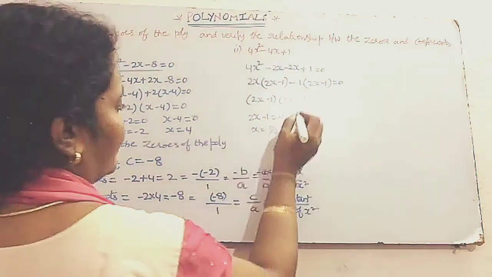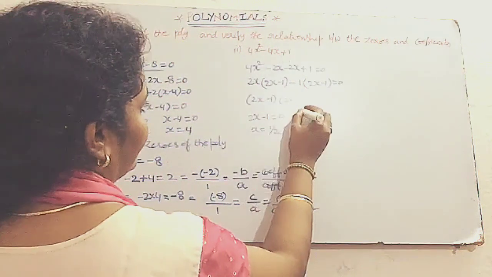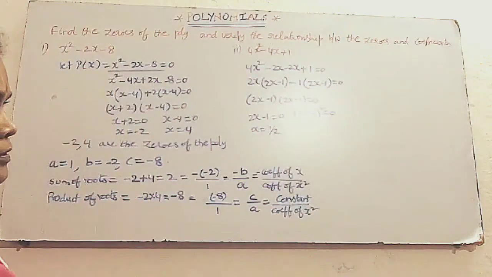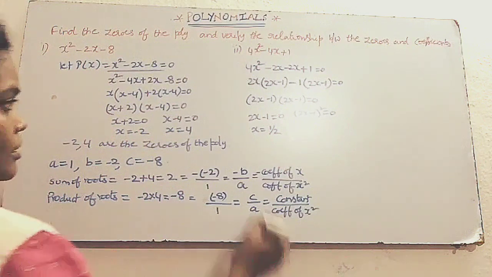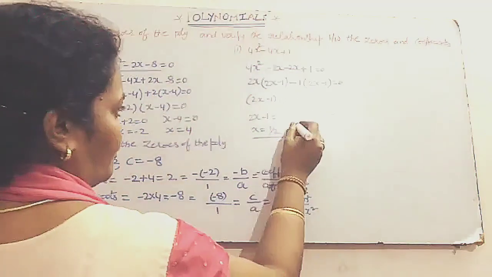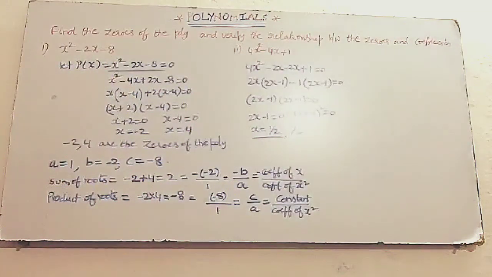So I will write it like this: 2x minus 1 whole square is equal to 0. So x is equal to 1 by 2, and also 1 by 2 is another root. So 1 by 2 and 1 by 2 are the roots.